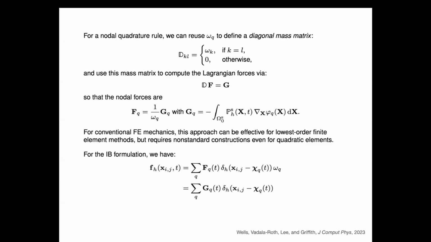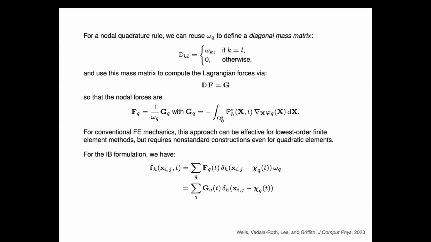So in the immersed finite element difference formulation, the force that we ultimately care about is the force on the grid. The force on the grid we get by summing up the samples of the forces on the mesh. This is just the force at each of the nodes times the regularized delta functions times the quadrature weight.